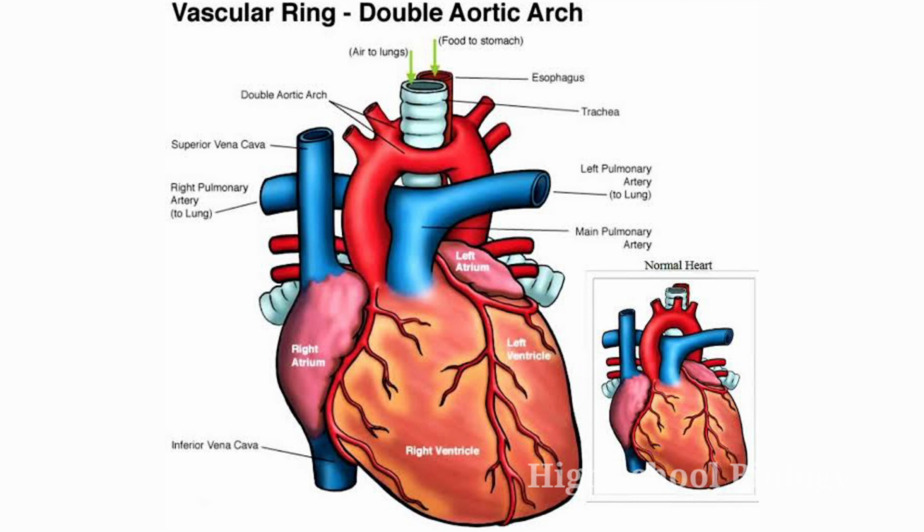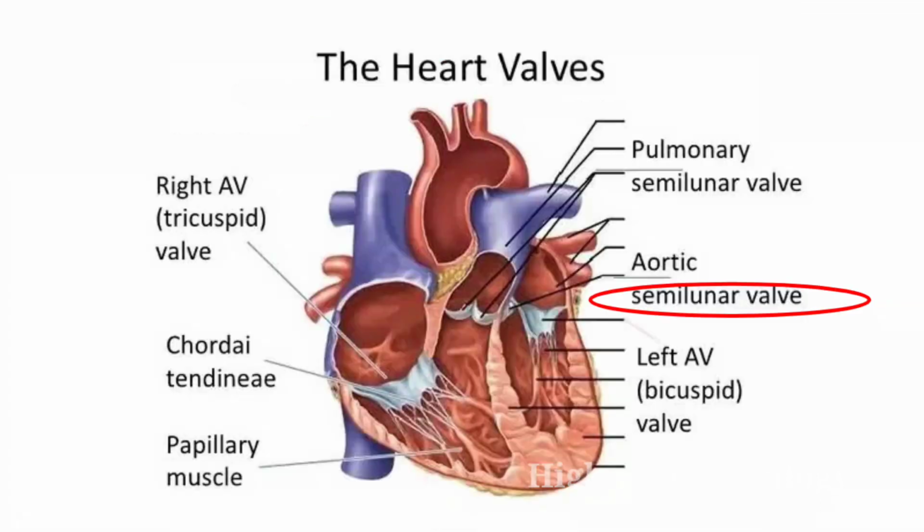Its opening is guarded by a tricuspid pulmonary semilunar valve. The name semilunar refers to the half moon shape of each of the three flaps of the valve.